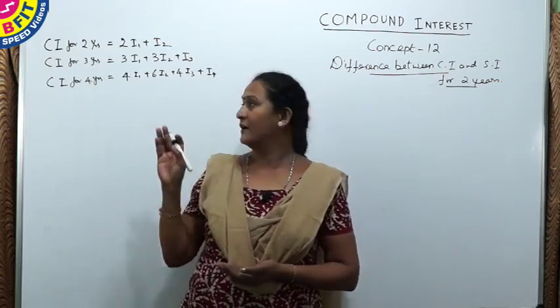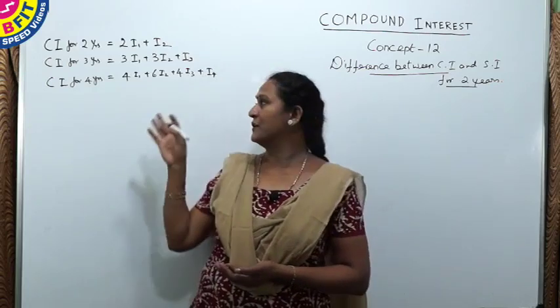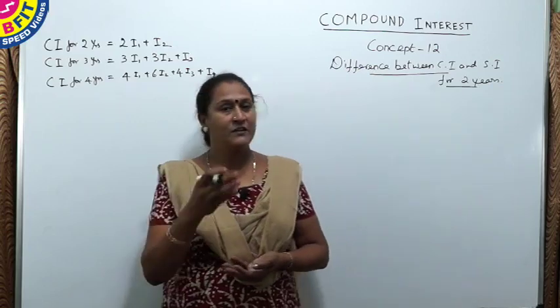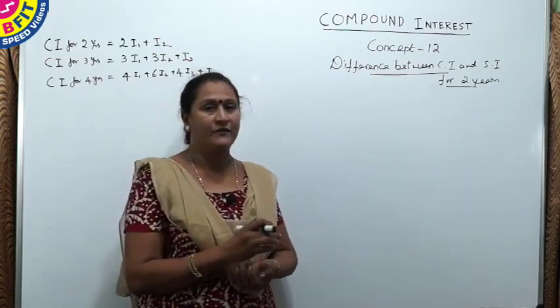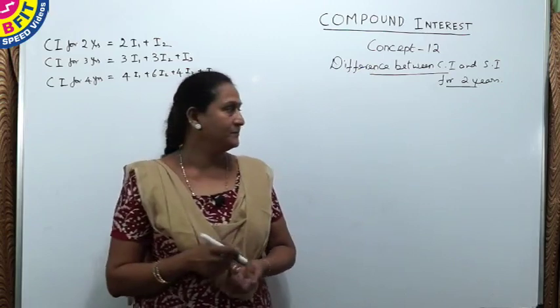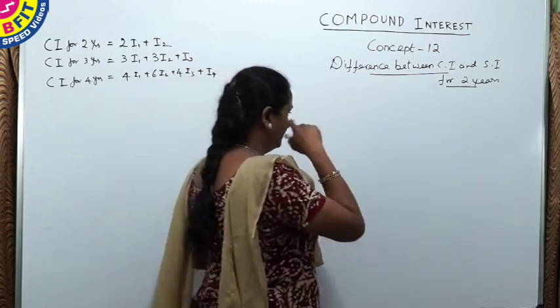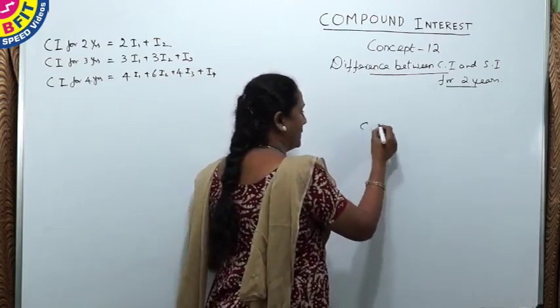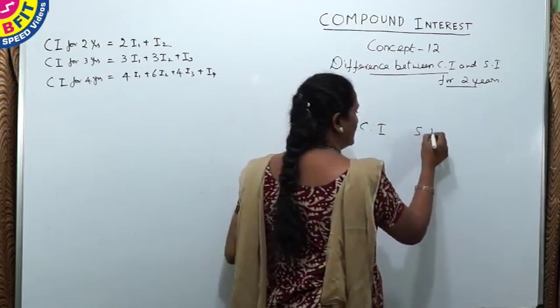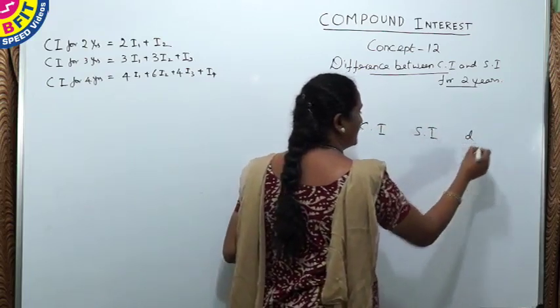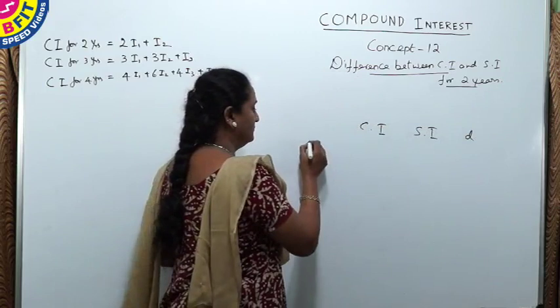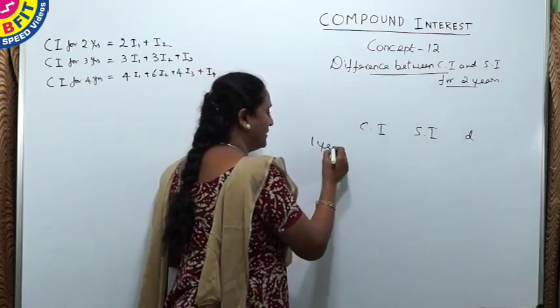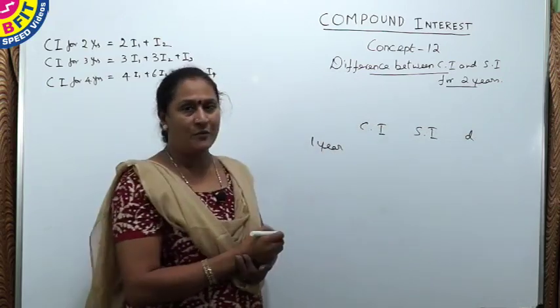I have given here CI for 2 years, 3 years and 4 years. With this itself we'll see how to find the difference between CI and SI. Say compound interest, simple interest and difference. For the first year, what will be compound interest?